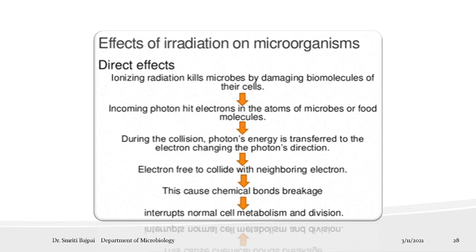The electron is then free to collide with neighboring electrons. This causes chemical bond breakage and interrupts normal cell metabolism and division. When the bonds of the biomolecules break, it interrupts normal cell metabolism and results in destruction of the microbial cell, and that way it kills the microbe and preserves the food from microbial contamination.